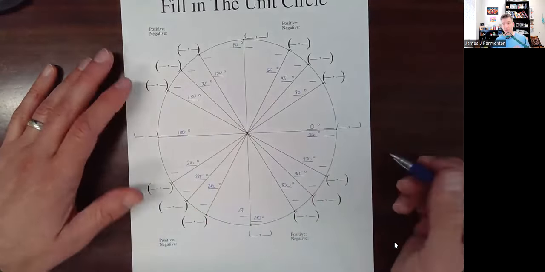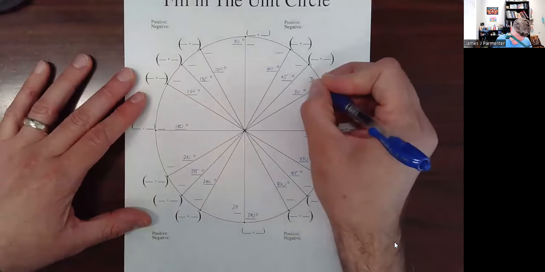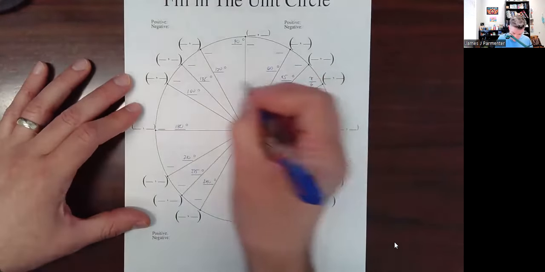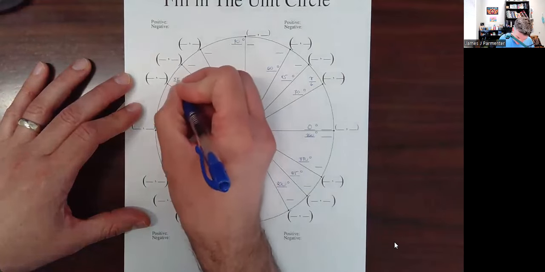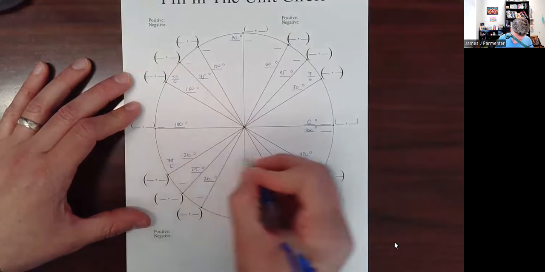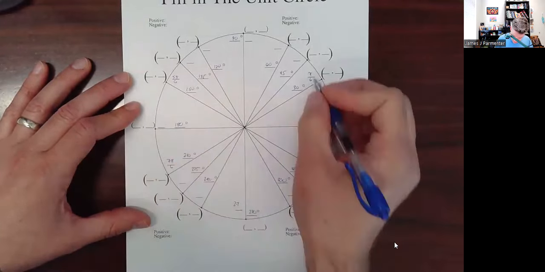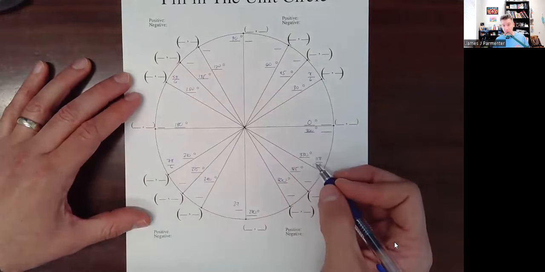Or in radians. With radians, I feel like it's easier to match up where they go. So I know that this is pi over 6, and this matches up over here with 5 pi over 6, and this matches up over here with 7 pi over 6, and this matches up over here with 11 pi over 6. All these angles have the same reference angle of 30 degrees, or pi over 6.